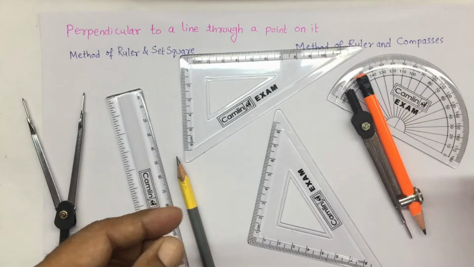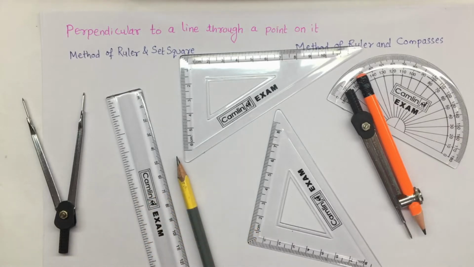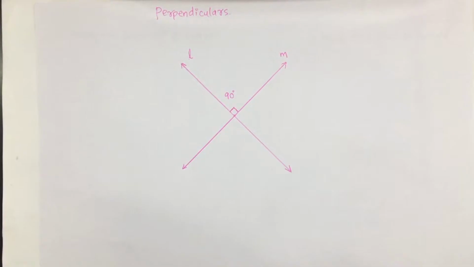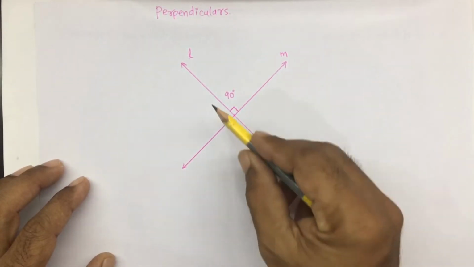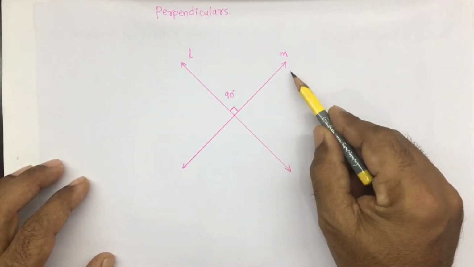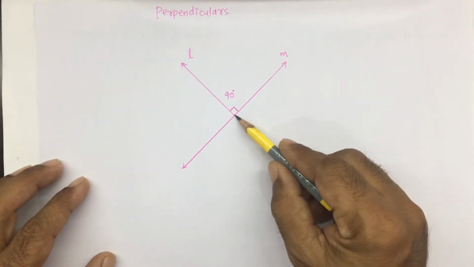Here we will see what a perpendicular is. Here we have two lines, one is L and another line M. These two lines are meeting at some point.